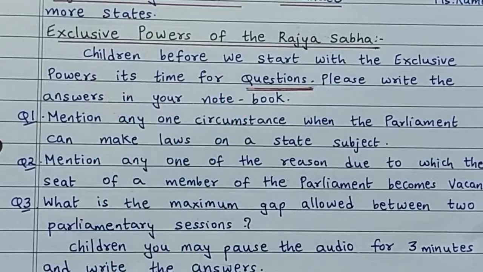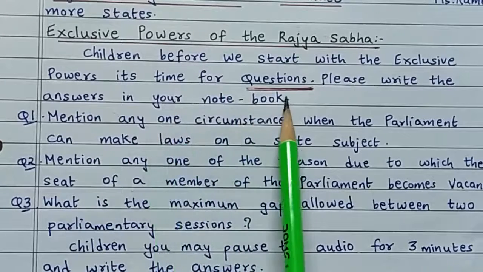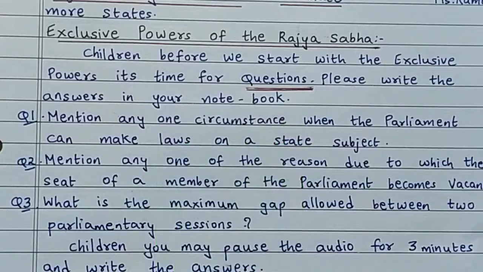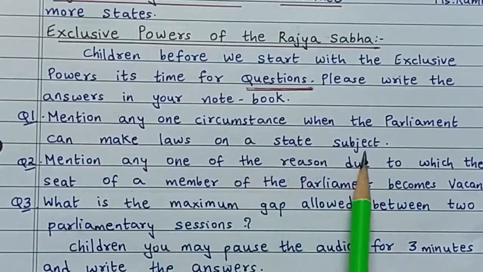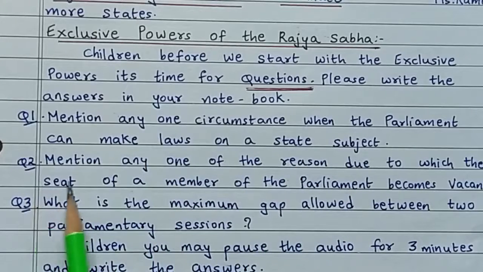Children, before we start with the exclusive powers, it's time for questions. Please write the answers in your notebook. Question 1. Mention any one circumstance when the Parliament can make laws on a state subject. Question 2.